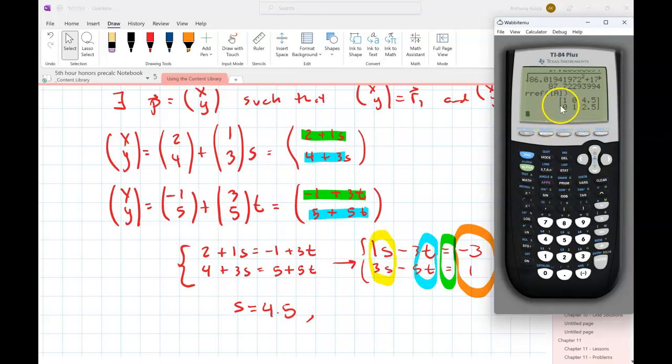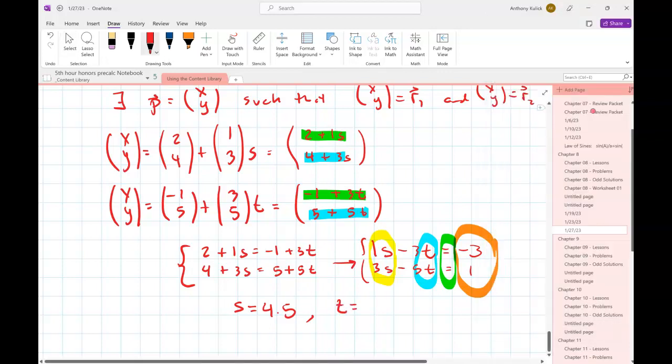I then have 0s plus 1t is equal to 2.5, or t is equal to 2.5. So my solution is the point 4.5 comma 2.5, right?